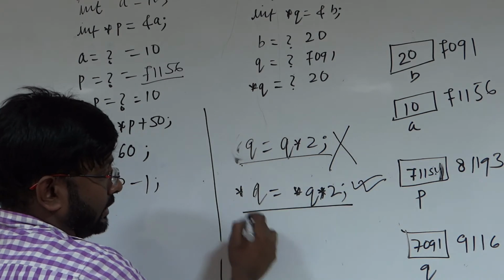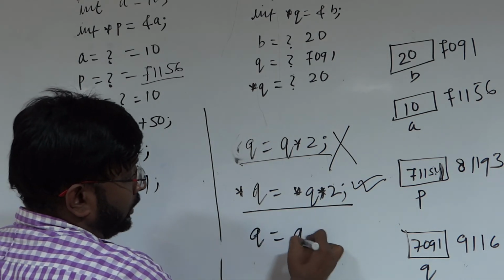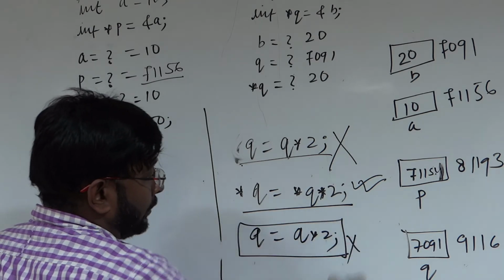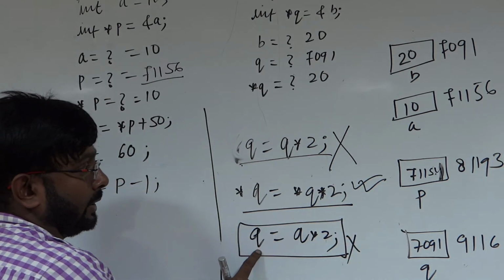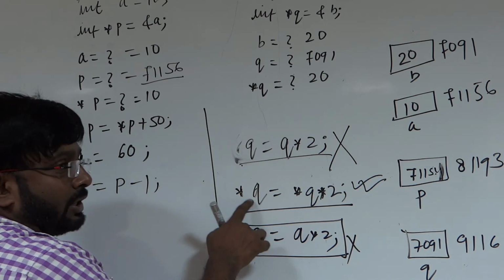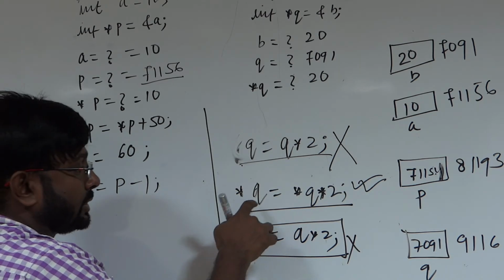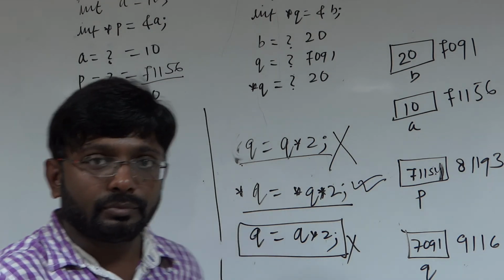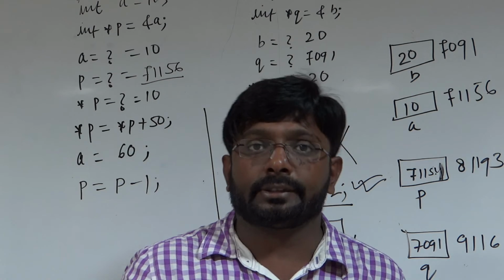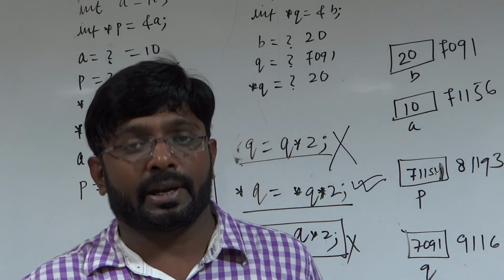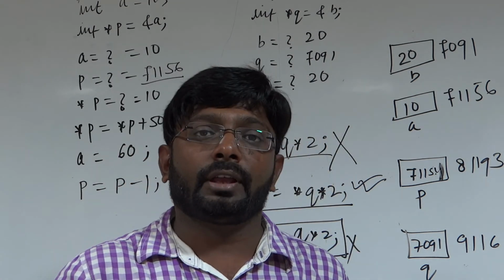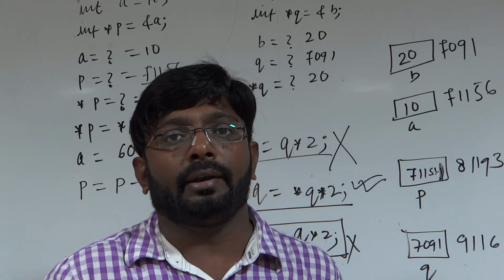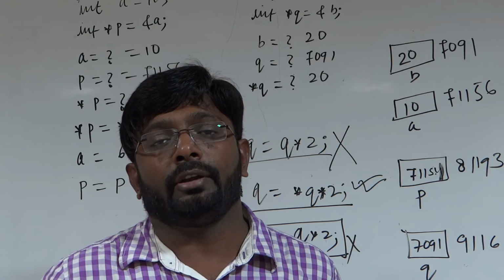This line is correct, but q is equal to q into 2 is not correct, because this is a pointer variable, and asterisk q means the value, only q means the address. So we can add something to an address, we can subtract something from an address, but we cannot multiply anything into an address. We cannot divide an address with any constant or variable.